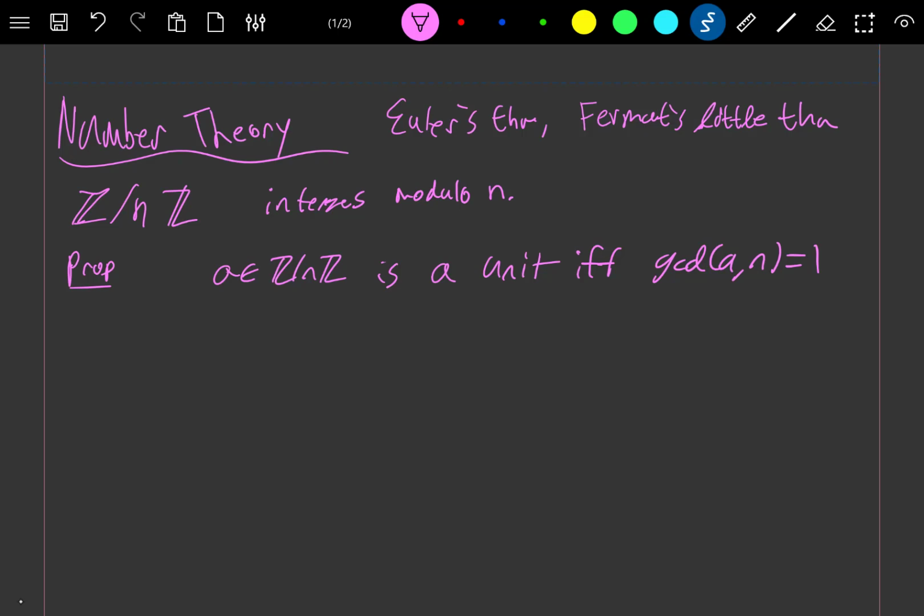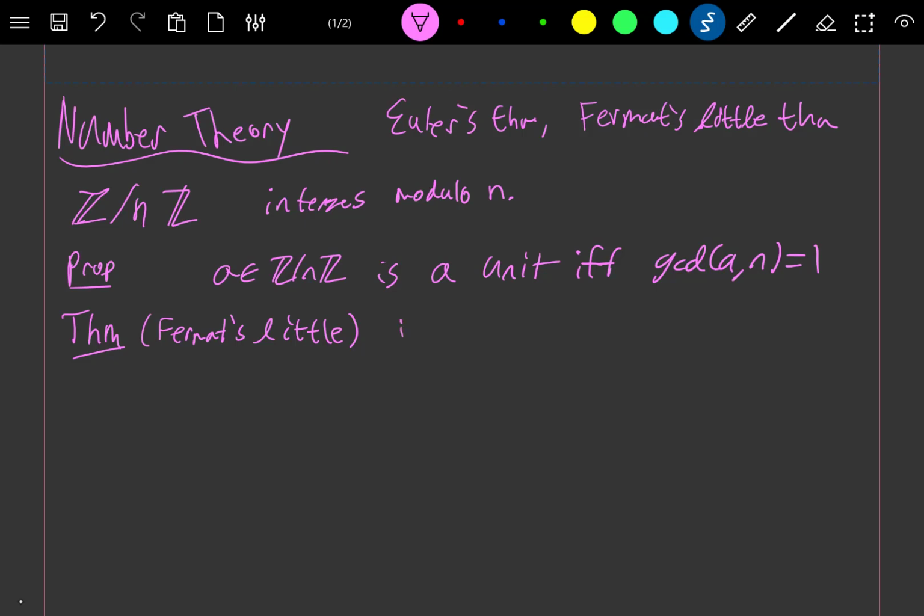And let me just state the two theorems. So first we're going to do Fermat's little theorem, and Euler's theorem is a generalization.